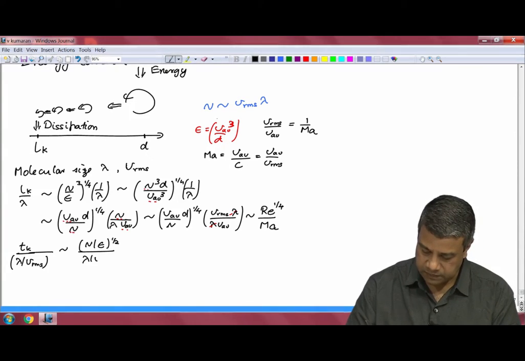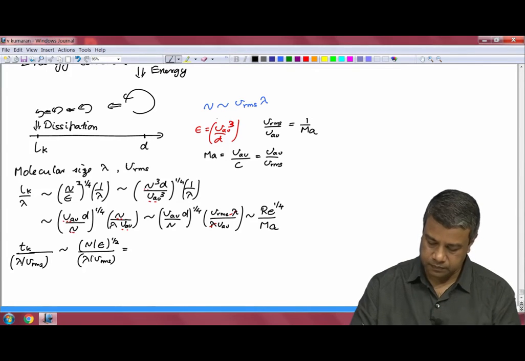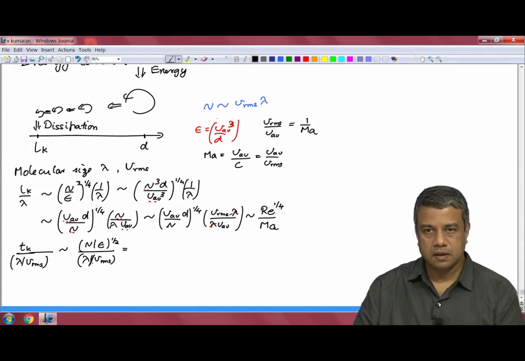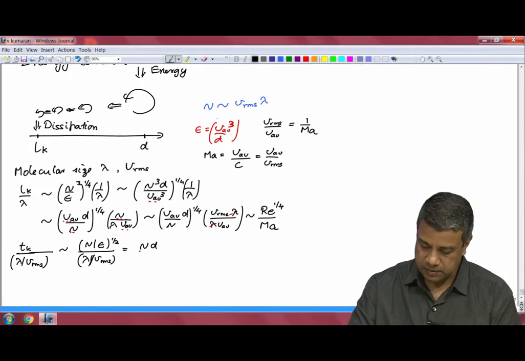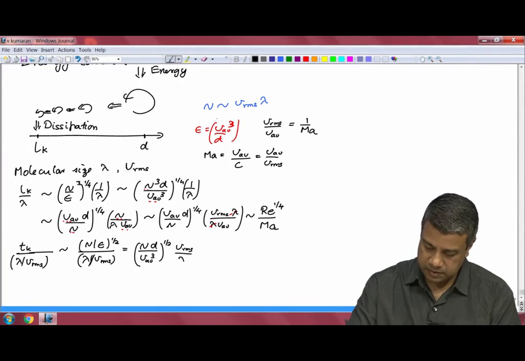By lambda by Vrms. For epsilon, I can substitute V cubed by d. So, I will get nu d by V average cubed, power half, into Vrms by lambda.